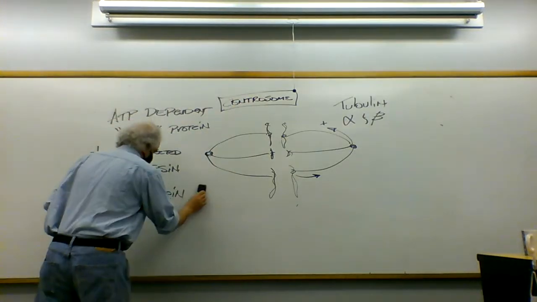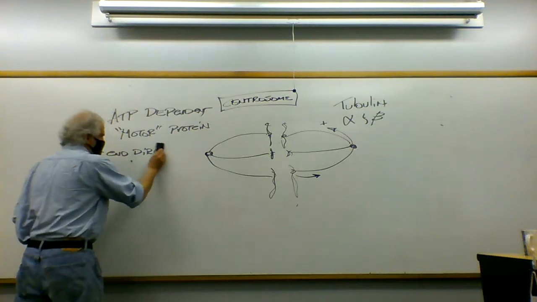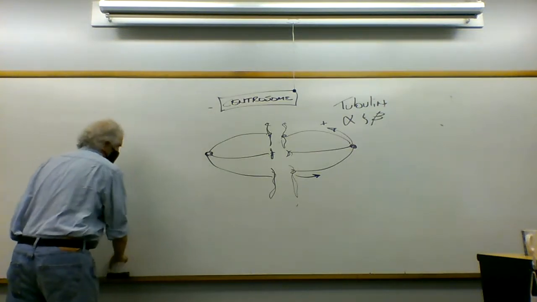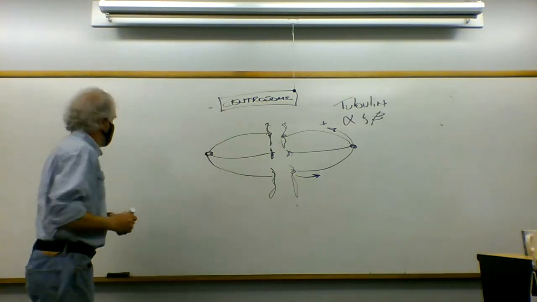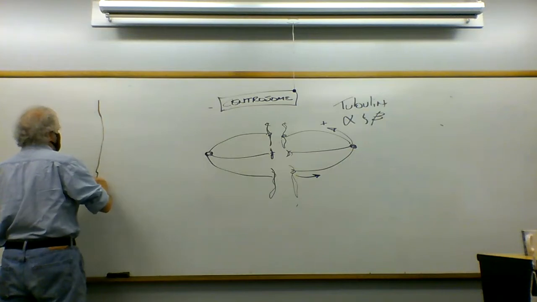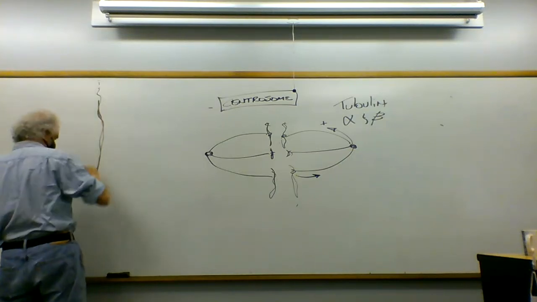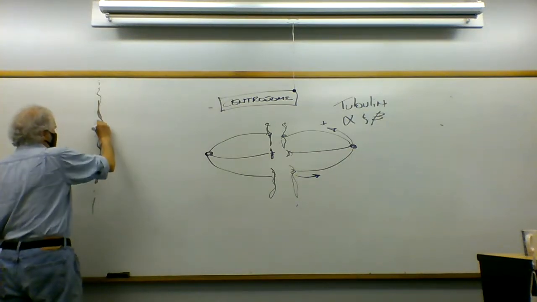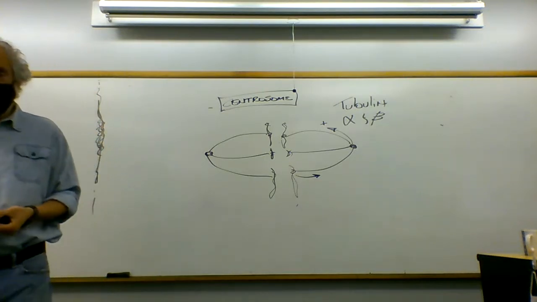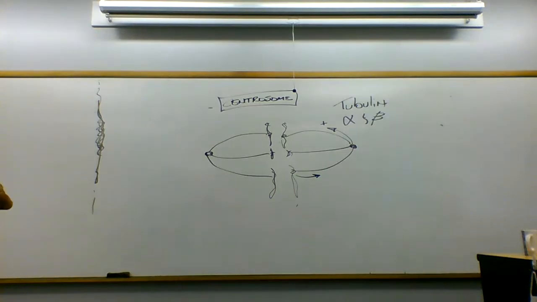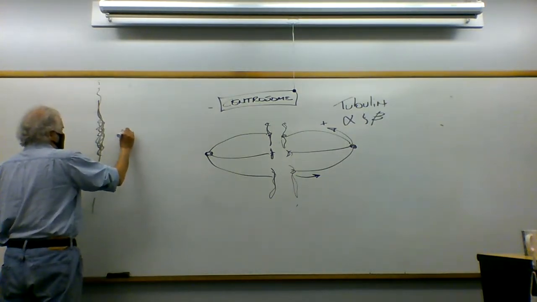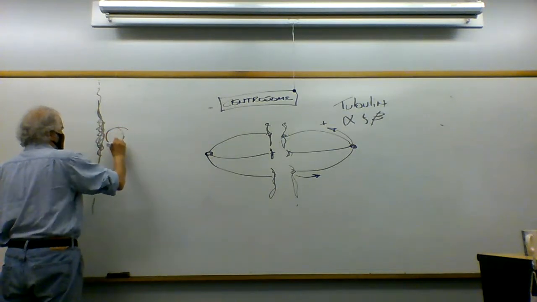And we have a model that looks a little bit like this, in which we've got a chromosome, and it goes way out there. A lot of proteins right here are bound to the middle part, the centromere of the chromosome. And the microtubule spindle fiber is coming out and attaching.